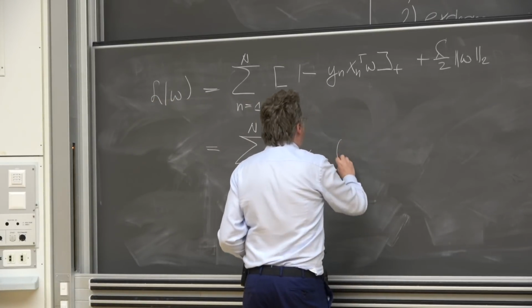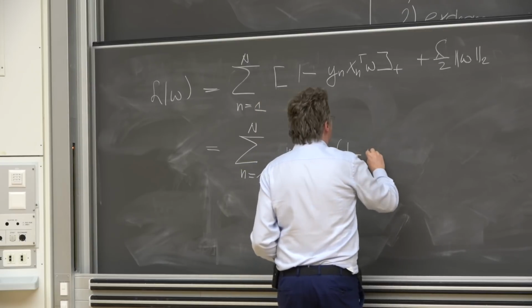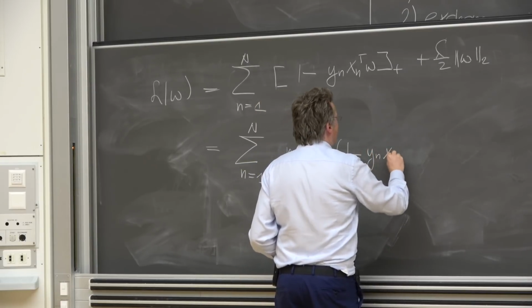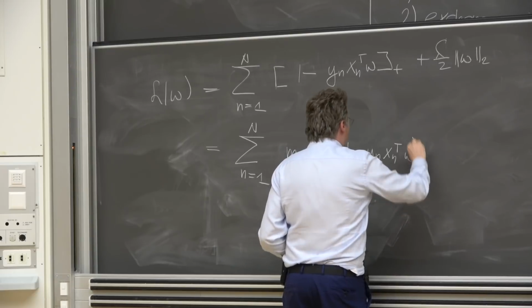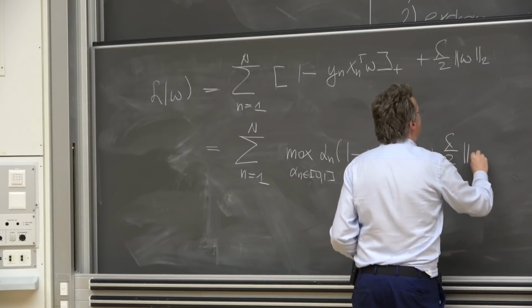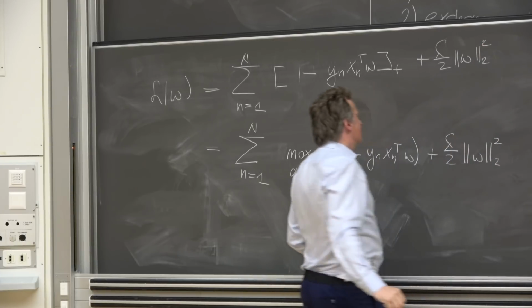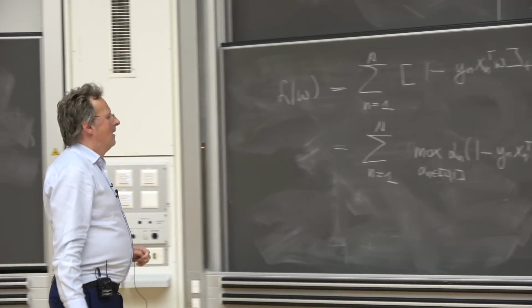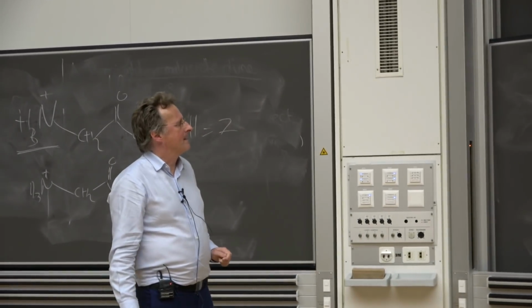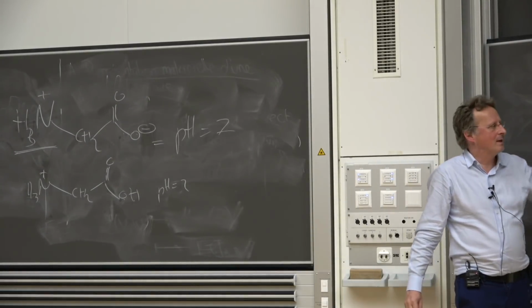Then we have alpha n times 1 minus y n x n transpose w, plus lambda over 2 w, I guess typically squared here. Okay, so this is an identity. We haven't really done much.